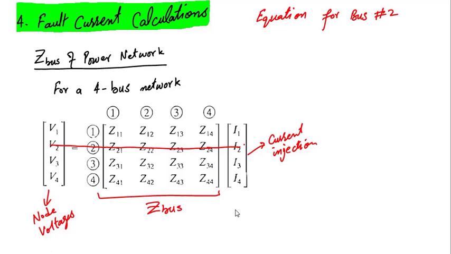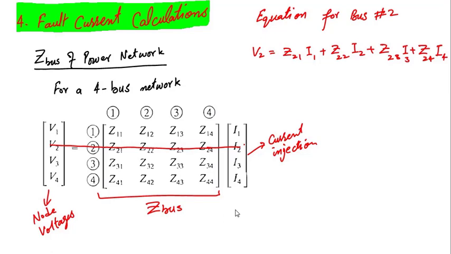So we can write V2 is equal to Z21 I1 plus Z22 I2 plus Z23 I3 and finally Z24 I4. In this way the equation for any node can be written. These are node impedance equations. Previously we had the node admittance equation, now these are node impedance equations.